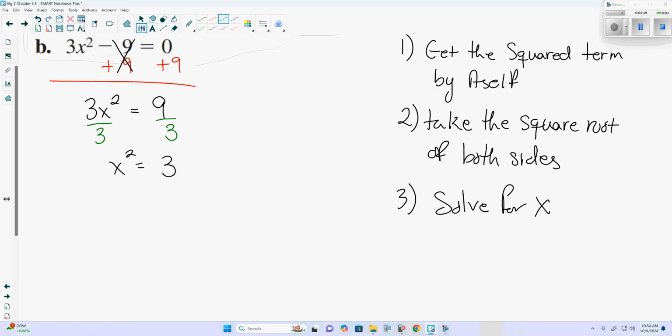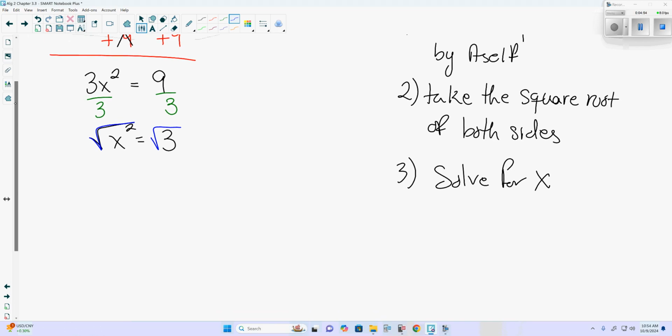We need to take the square root of both sides. And the square root of x squared is x equals. Whenever we take the square root or an even root of both sides, we have to put a plus or minus.